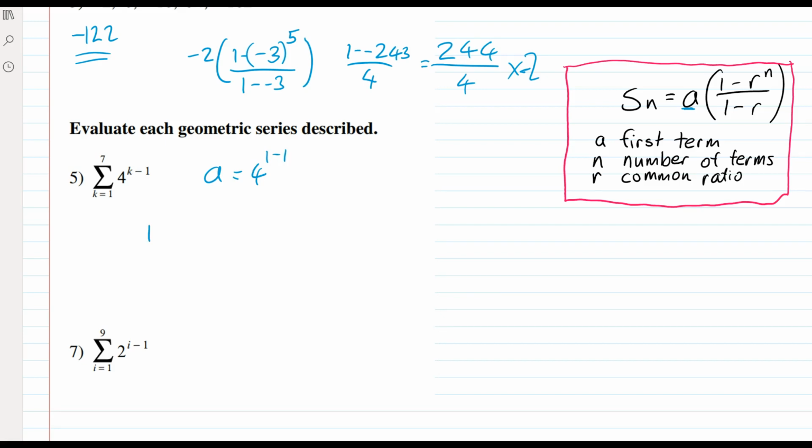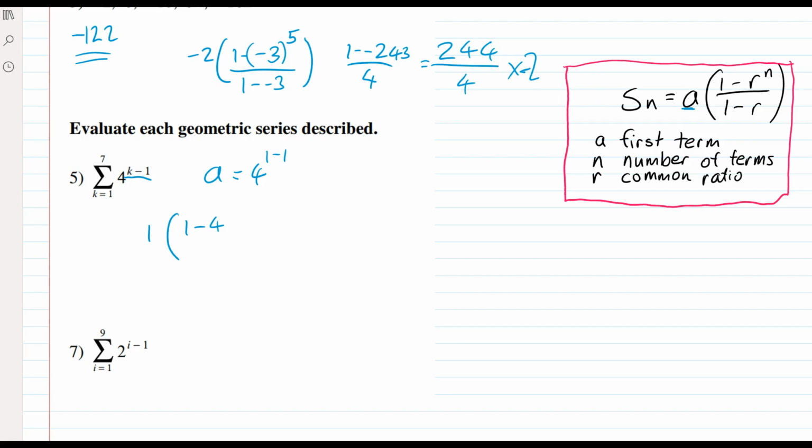So 1 goes out the front of the brackets. Then the common ratio is 4, because that's the number that's being timesed by itself in this sequence. As it's 4 to the power of something, 4 times itself that many times, it's my common ratio. So I go 1 minus 4.